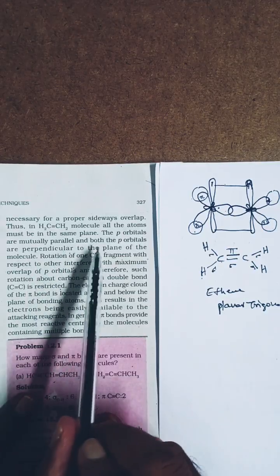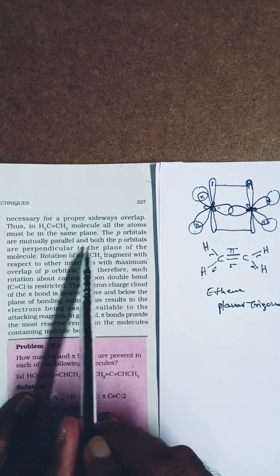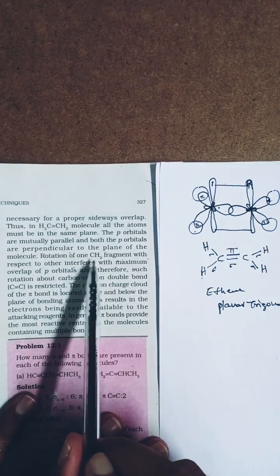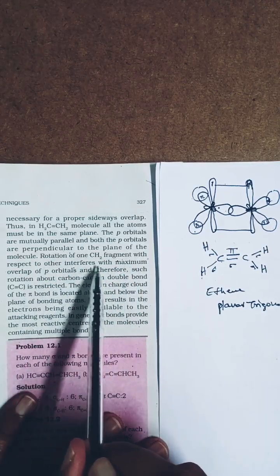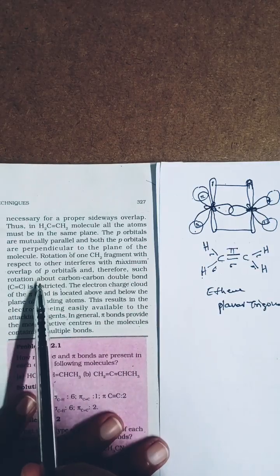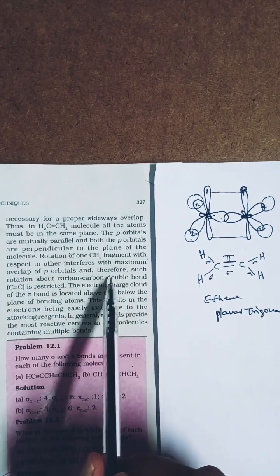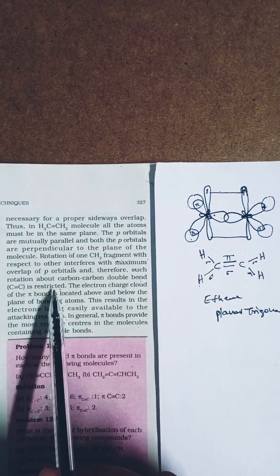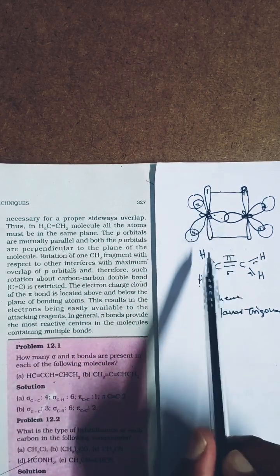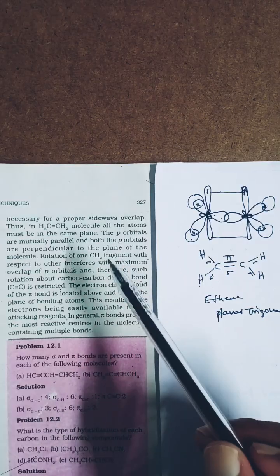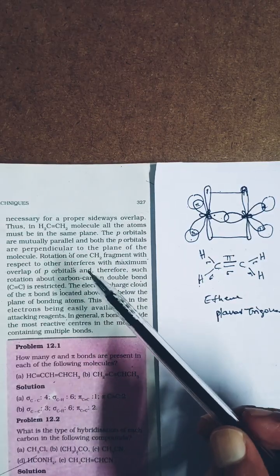So the p orbitals are mutually parallel and both perpendicular to the plane of the molecule. Rotation of one CH2 fragment with respect to the other interferes with maximum overlap of p orbitals, and therefore such rotation about a carbon-carbon double bond is restricted. That means double bonds and triple bonds are not able to rotate.